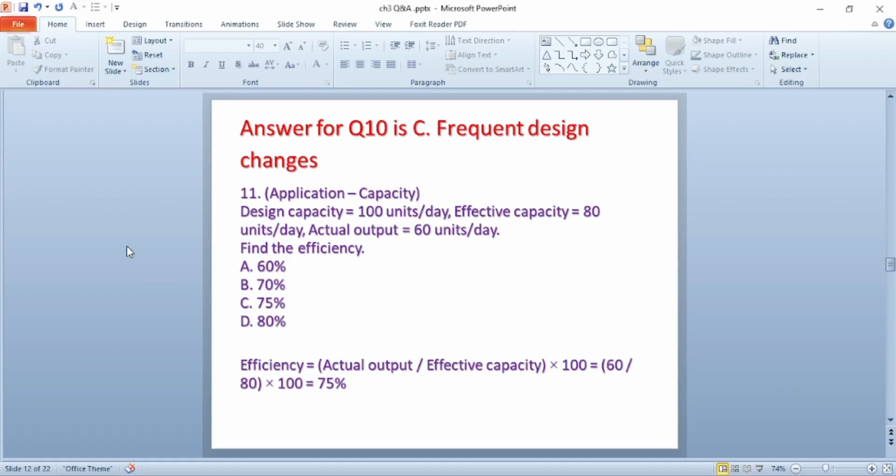Efficiency is equal to actual output divided by effective capacity times 100. So 60 divided by 80 times 100 is equal to 75%. So the answer is C.